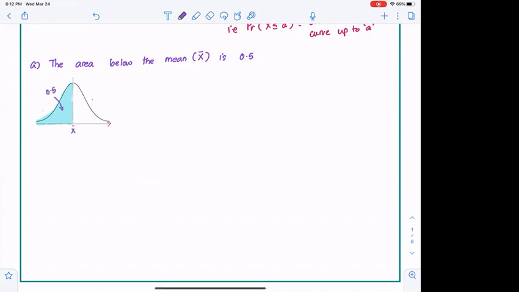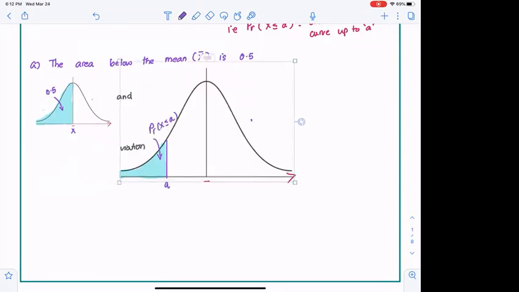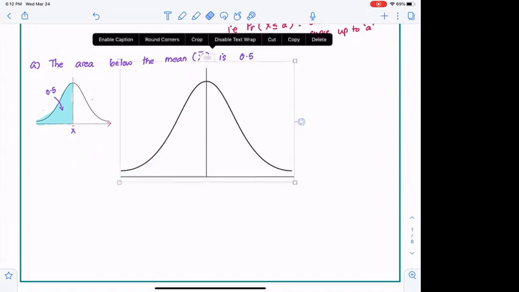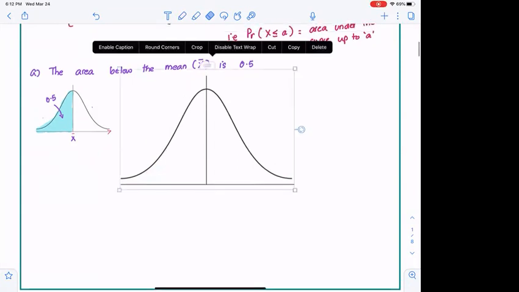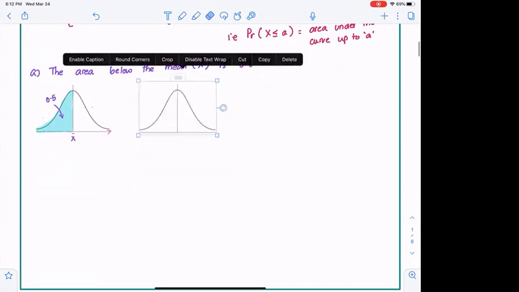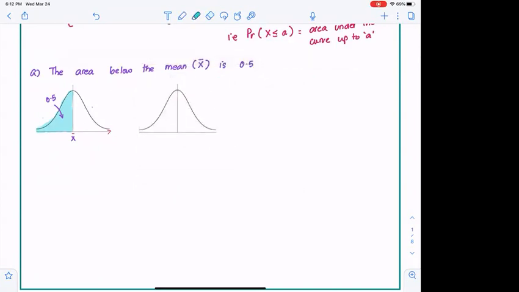Likewise, the area above the mean would also be 0.5. So if we found this area right here, that value will be 0.5. This is something we have looked at when we did the empirical rule.